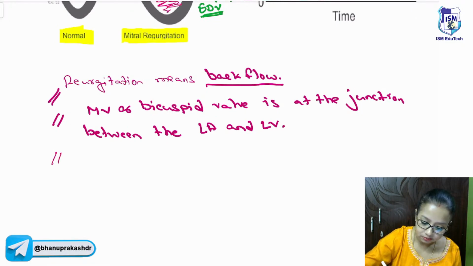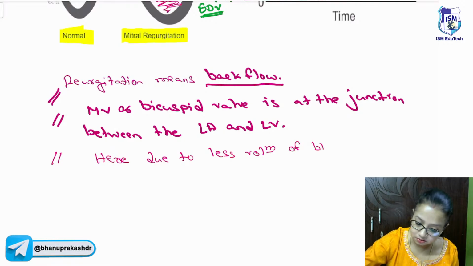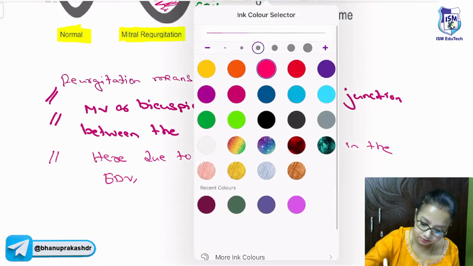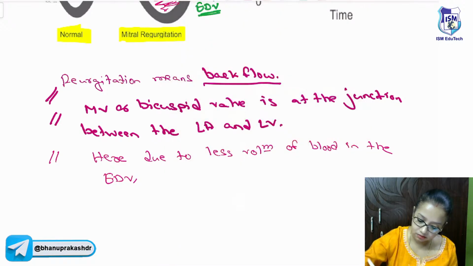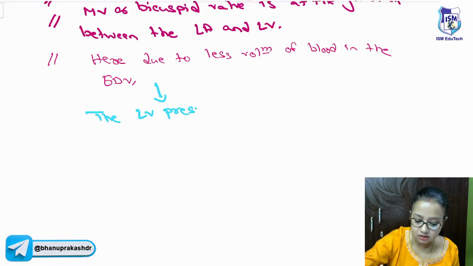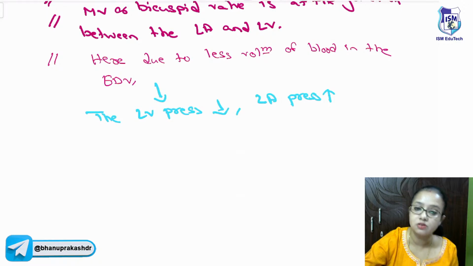We just remember that due to less volume of blood in the end diastolic volume, the left ventricular pressure decreases and the left atrial pressure increases.